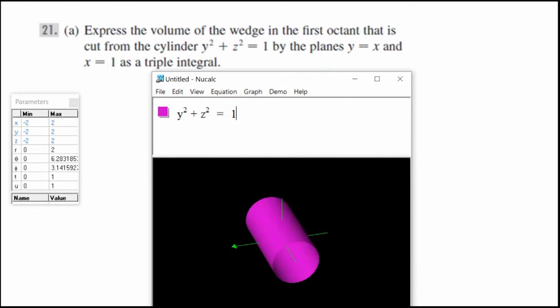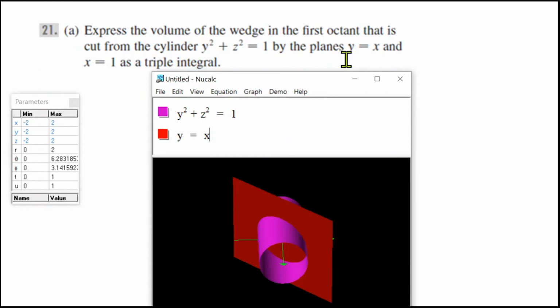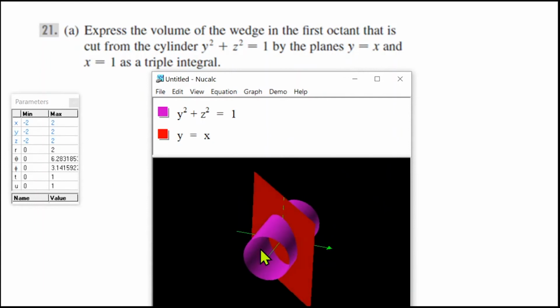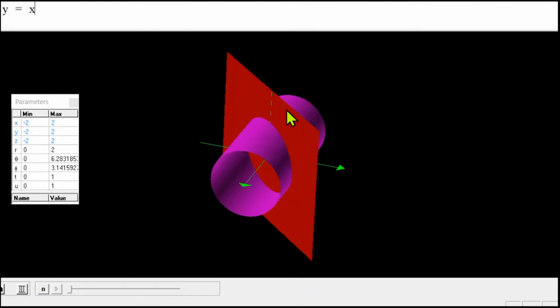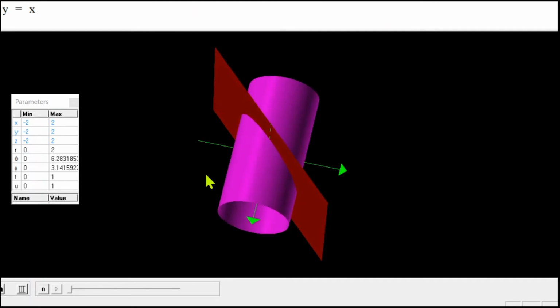So we have the cylinder that's running in x direction, right? This is the x-axis. And then we are going to cut this by the plane y is equal to x, like that, at a slant. So far so good? And then we are going to put another plane, x is equal to 1, but I don't want to put that on because then you cannot see this thingy. Right, x is equal to 1 will go through this. Actually, I think I can put it.